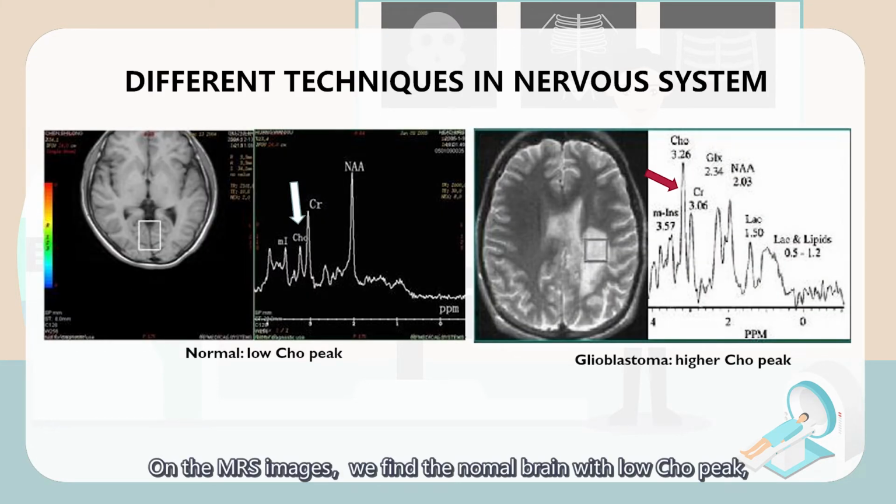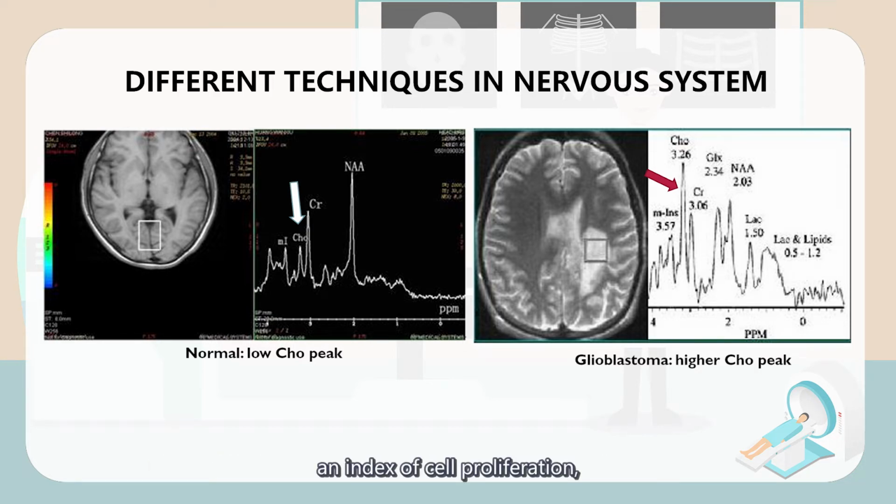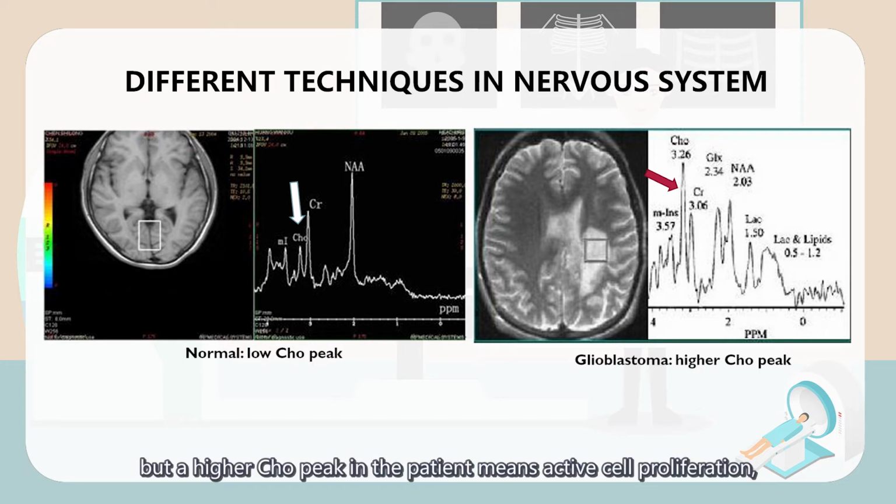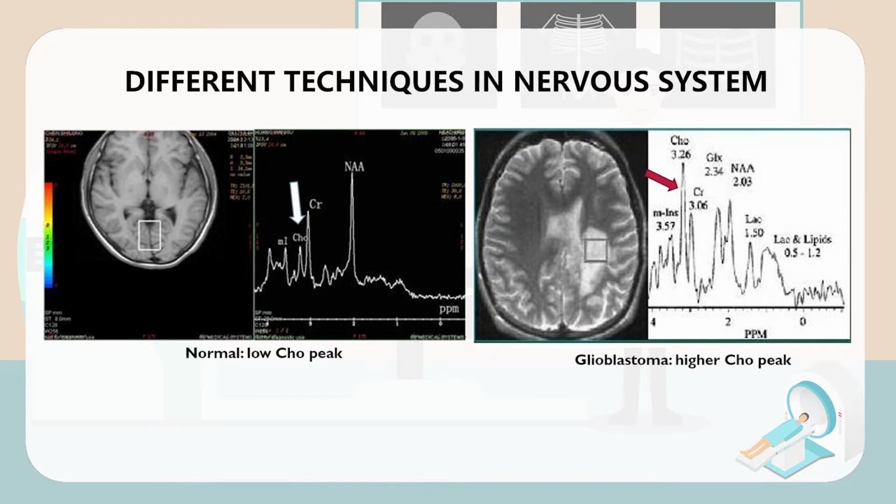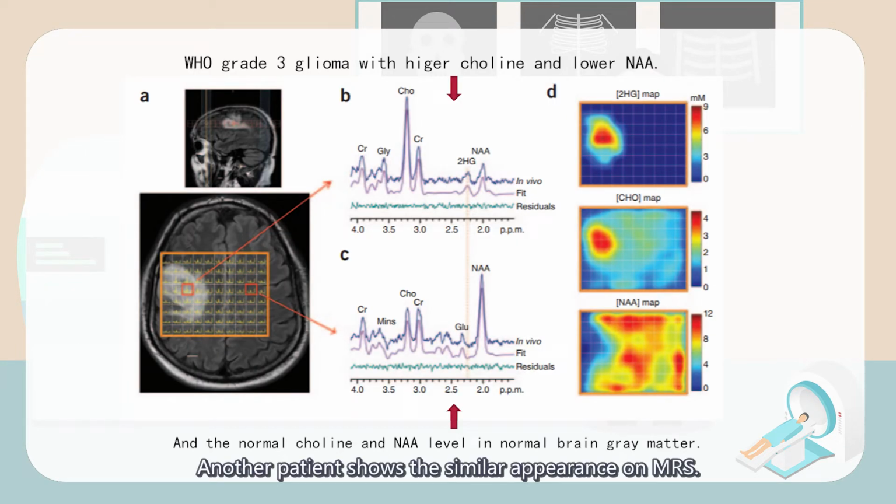On the MRS image, we find a normal brain with a low choline peak, an index of cell proliferation, but a higher choline peak in the patient means active cell proliferation, which suggests malignancy of the tumor. Another patient shows a similar appearance on MRS.